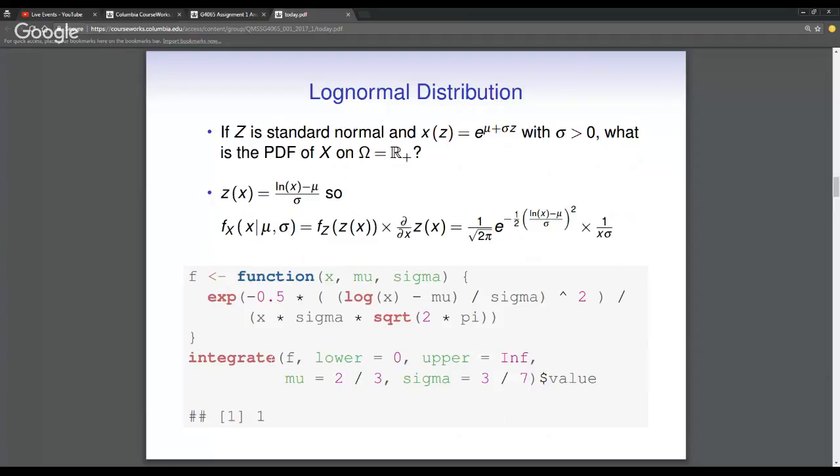So we can manipulate a PDF in one variable to get a PDF for another variable where the second variable is a transformation of the first, in particular, a bijective transformation of the first. All right? You might wonder why there are like 500 distributions on Wikipedia. It's because there are like 3 distributions and then 497 that are transformations of those 3.